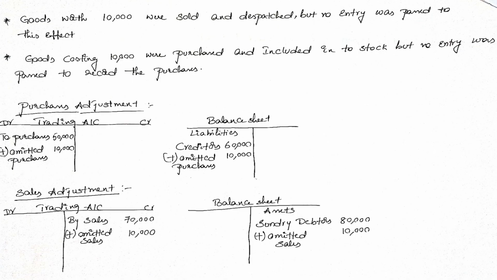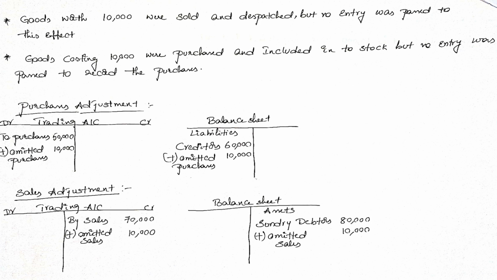Last adjustments are goods worth 10,000 were sold and dispatched but no entry was passed. Goods worth 10,000 were purchased and included into the stock but no entry was passed to record these purchases. These are nothing but omitted entries. We forgot to record these entries. For purchases adjustment, we will add these omitted purchases to the purchases amount on the debit side of the trading account.